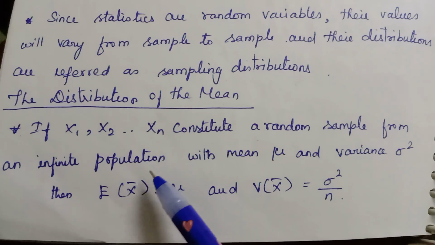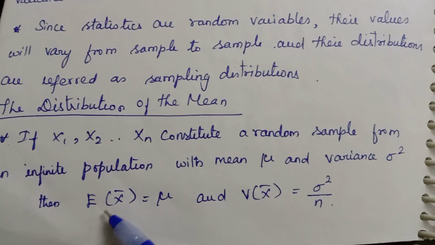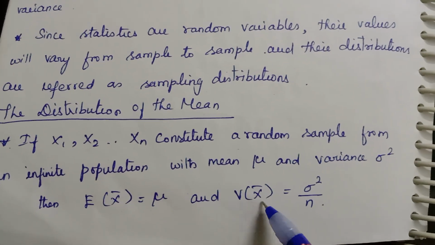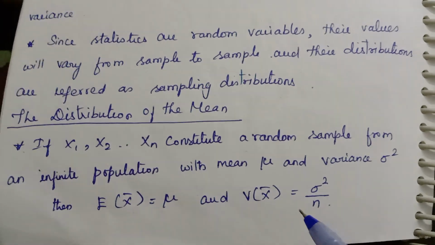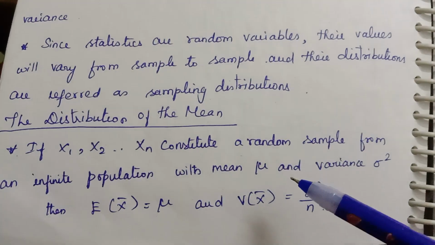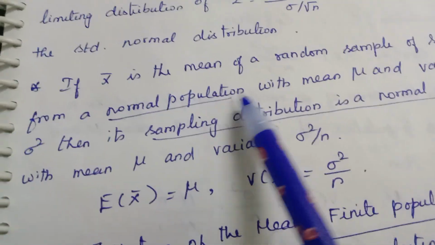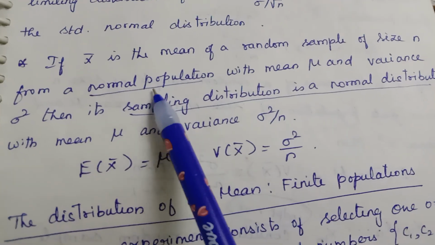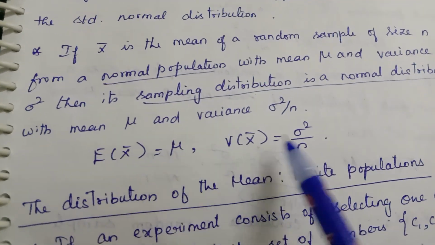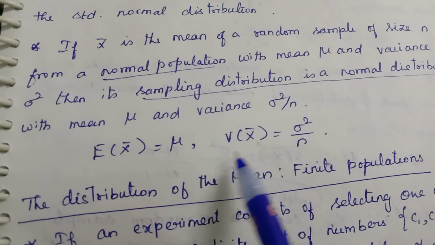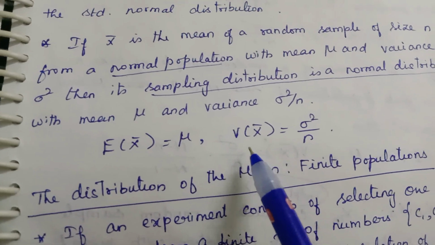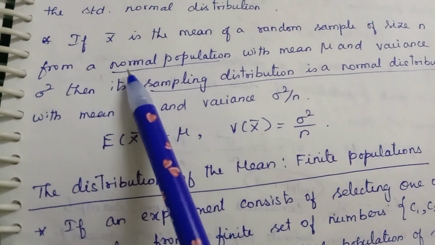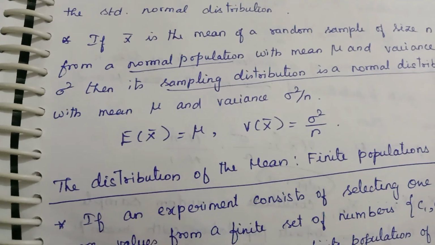In that case, expectation of x bar equals mu and variance of x bar equals sigma square by n, whatever may be the sampling distribution. But here we are taking a finite population, and that finite population is normal. Only when the finite population is normal is this true. This is not true for any other finite population. Only for a finite population with normal distribution does this result hold.